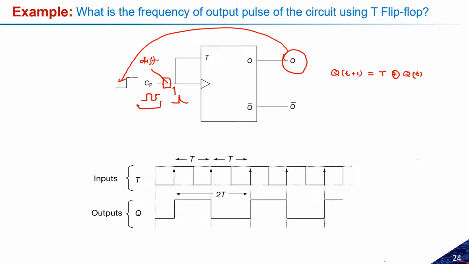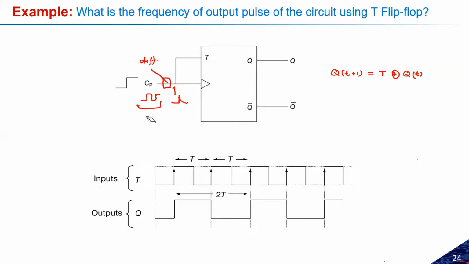Whatever I did for the T flip-flop, you have to do a similar approach for the other flip-flops as well, and you will get to know the output frequency of all other flip-flops. So this is the homework. Just do it for other flip-flops and check what is the frequency of the input clock and what is the frequency of the output.